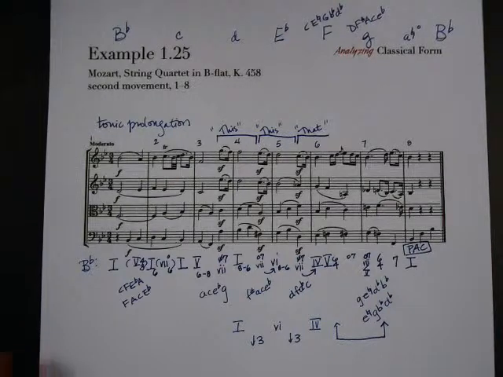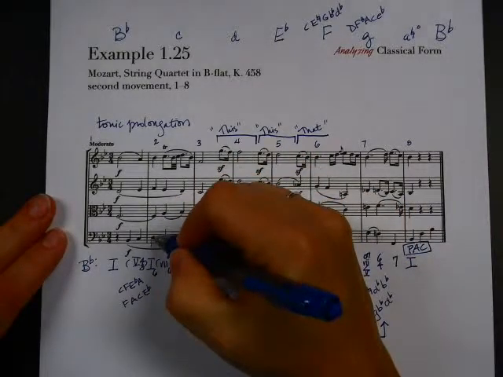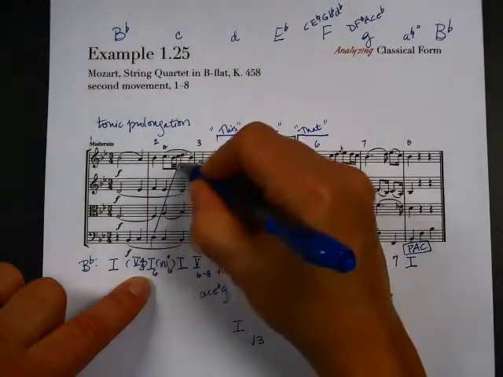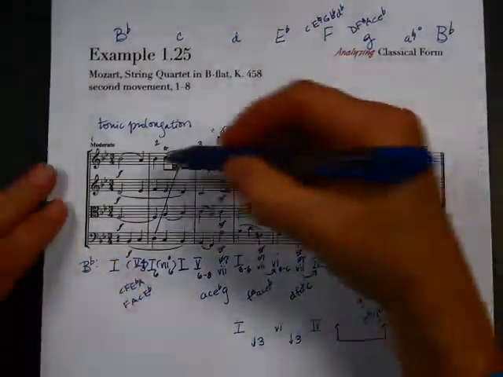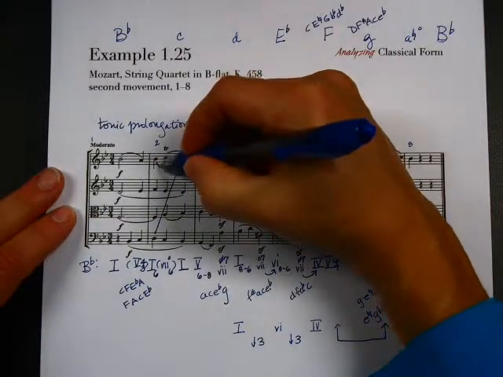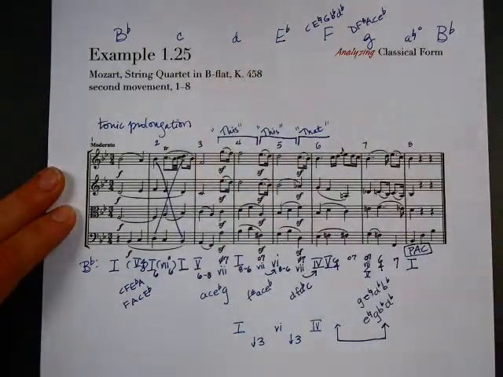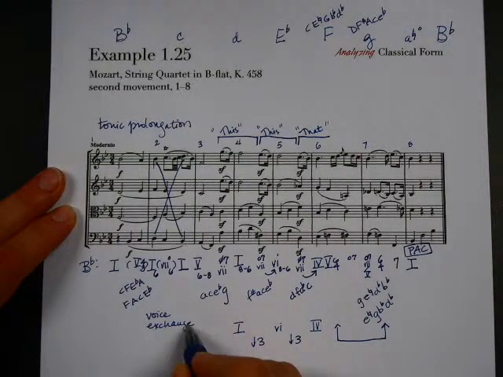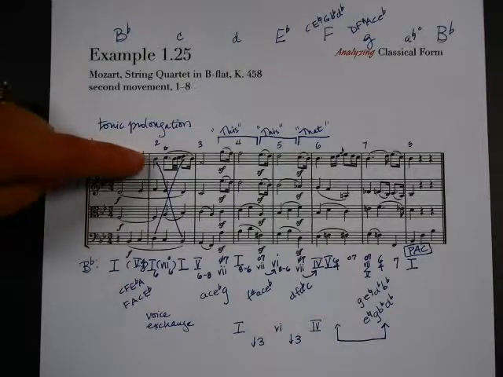And one other structure to look at in measure 2, the D in the bass supporting the 1/6 ends up in the soprano. The soprano B flat on the downbeat of measure 2 ends up in the bass. And that is what we call a voice exchange. In this case, the voice exchange was between the first violin and the cello, between the outer voices.